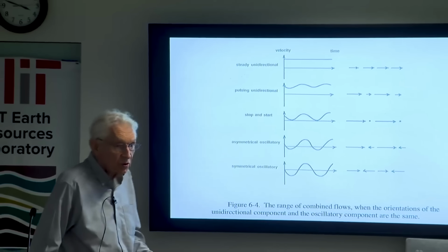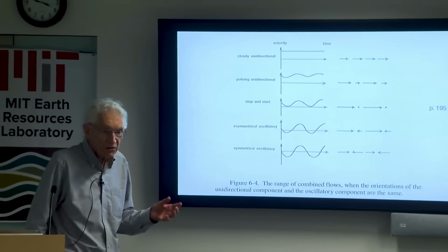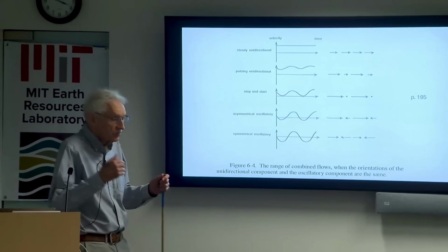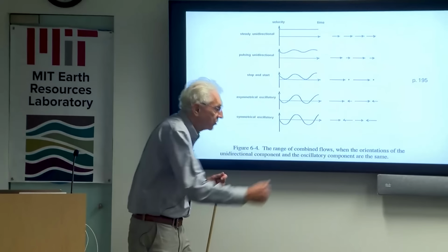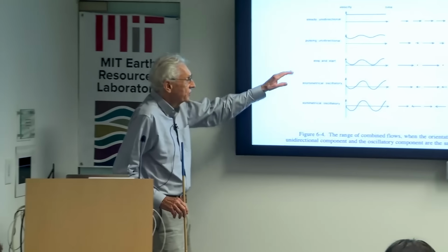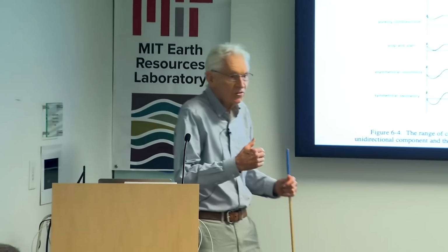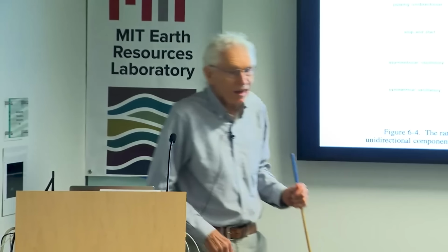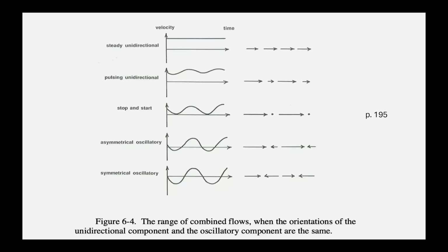But it can be pulsing unidirectional. If you have a minor oscillatory component, the flow pulses: slow, fast, slow, right? And then there's a middle thing, stop, start. It flows and stops, it flows and stops. But in terms of sediment transport, the case of steady unidirectional is not much different from pulsing unidirectional stop and start.